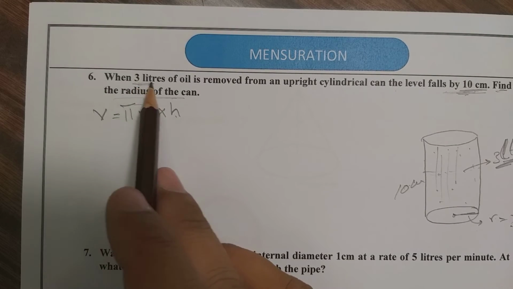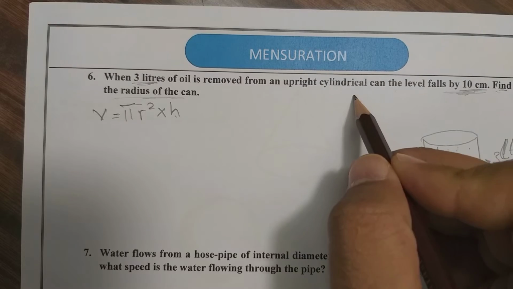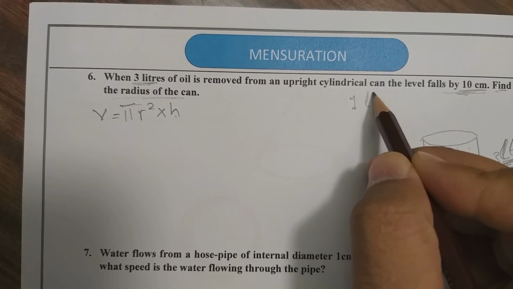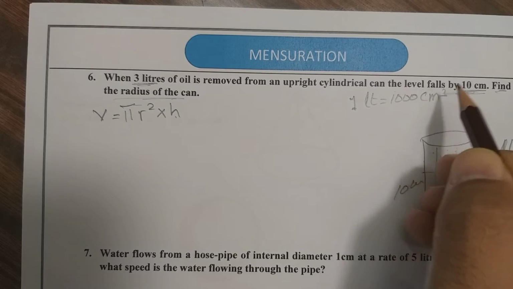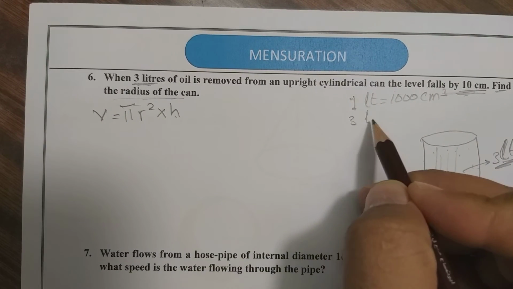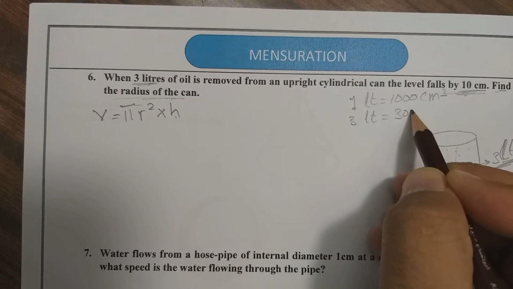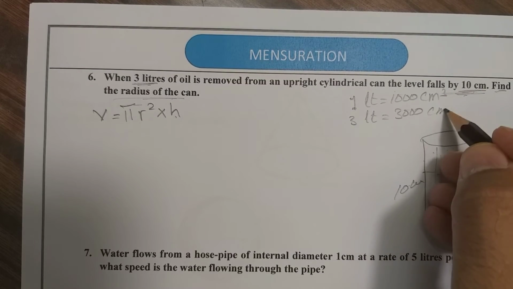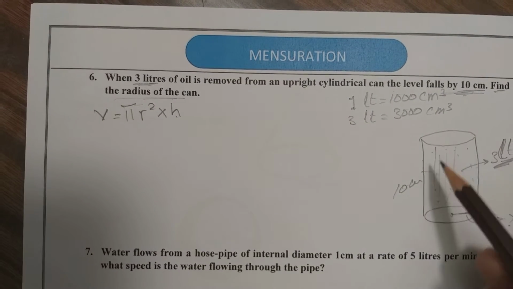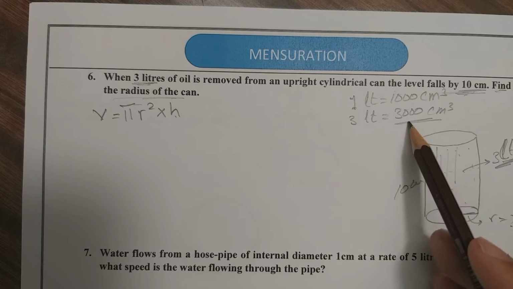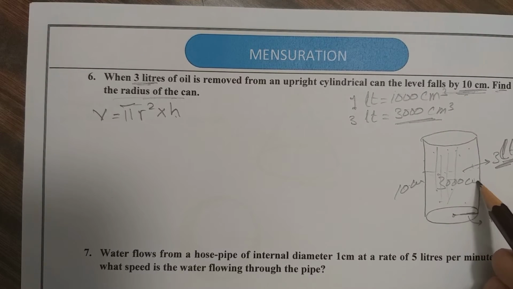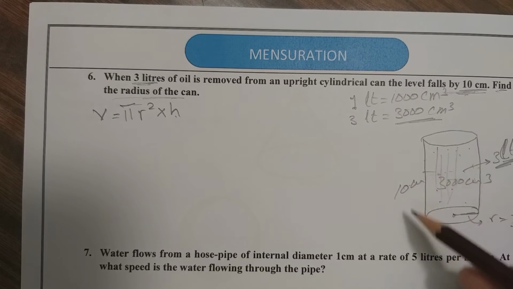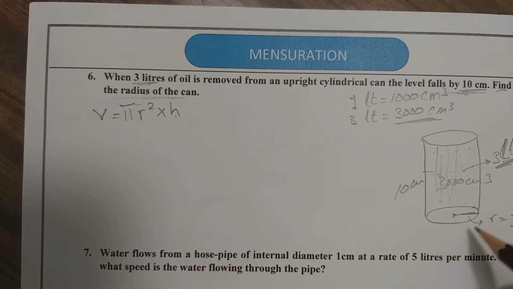But we know that liter is a unit for cubic centimeter, so 1 liter equals 1000 cubic centimeters. If we are given 3 liters, that means 3000 cubic centimeters. So the volume of that cylinder, the drum, is 3000 cubic centimeters, and 10 centimeters is the fall, so you need to find the radius.